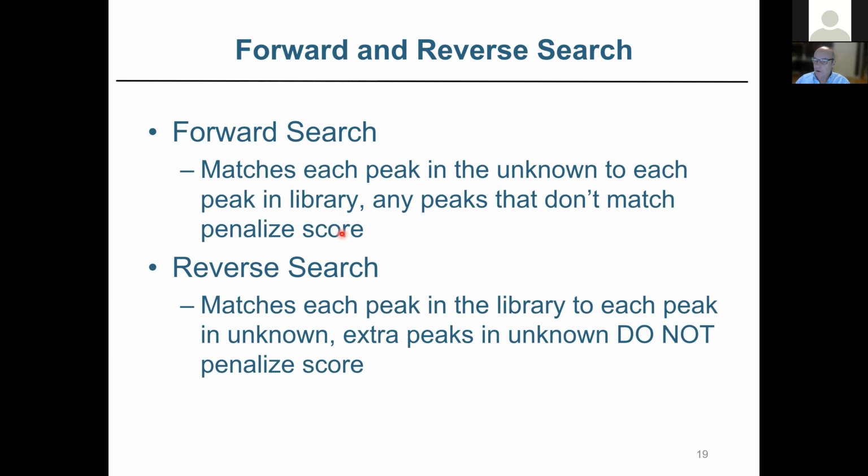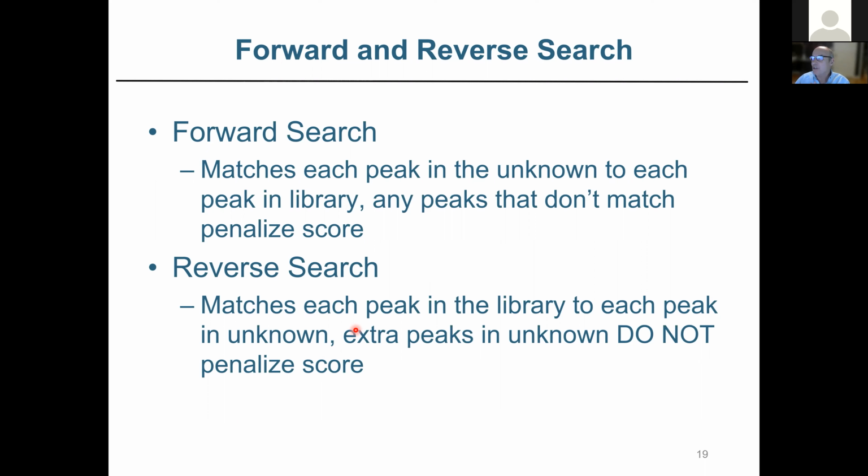When we do a reverse search, we compare the peaks from the library spectrum to those of the unknown, and we look at the ones that match up and calculate a score, but we ignore the peaks that don't match up. In other words, if there are extra peaks in the sample, we don't penalize it.